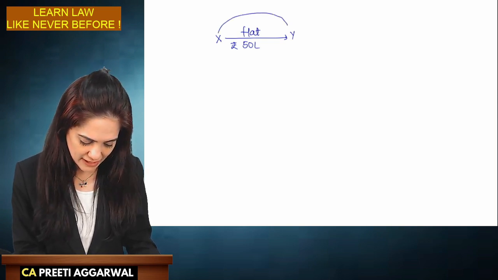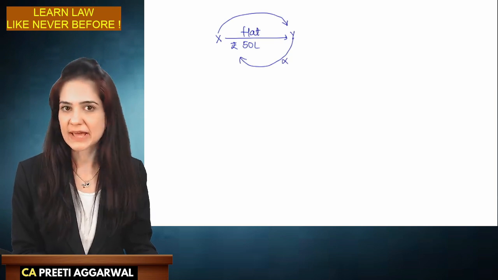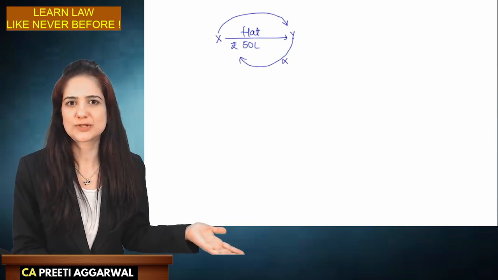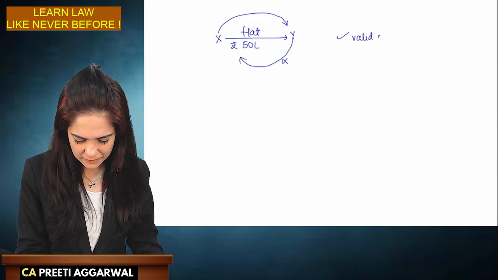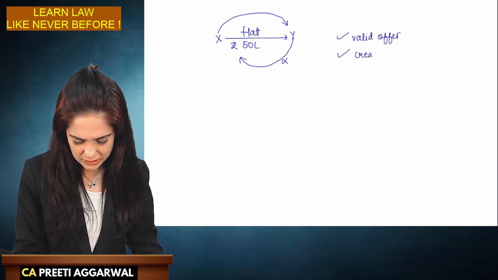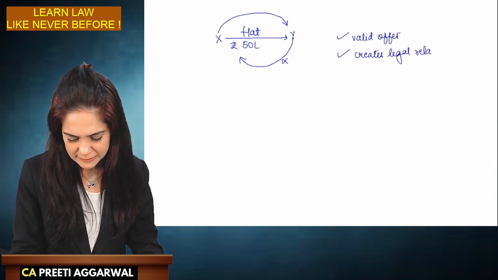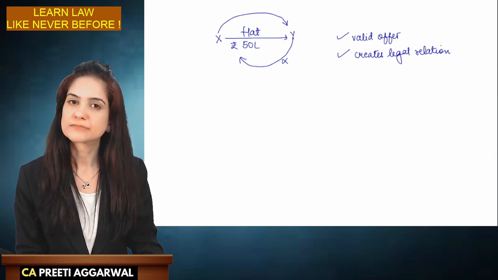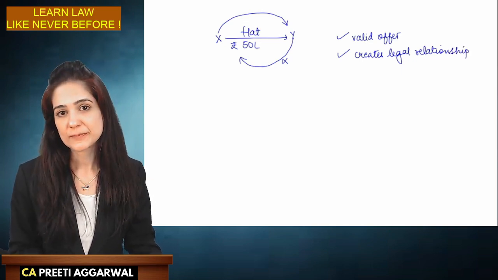X gave the flat, but Y did not pay money. X can file a case. It is understood. So this is a valid offer because it creates legal relationship.